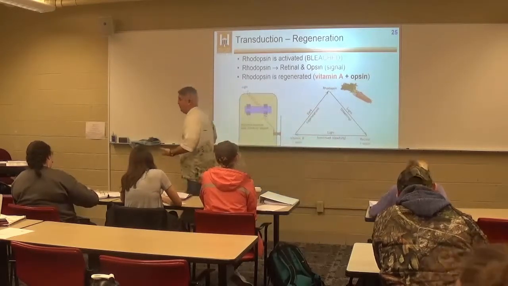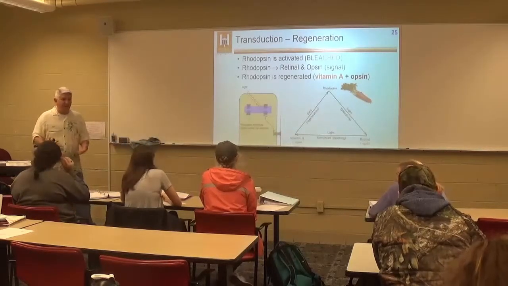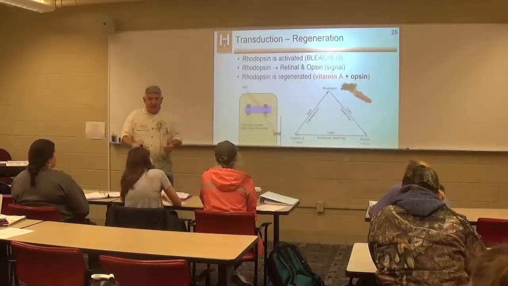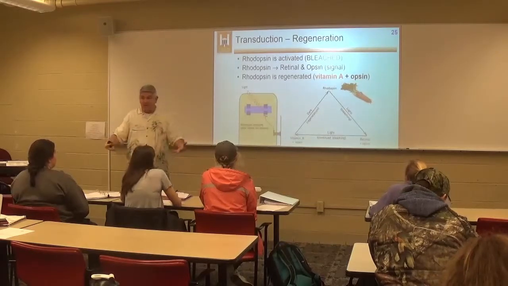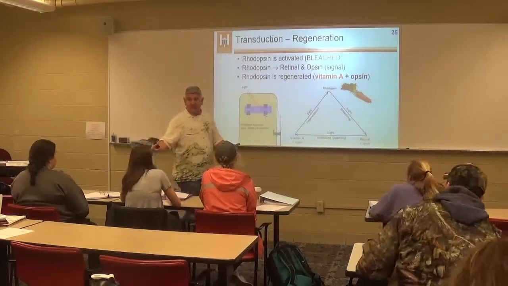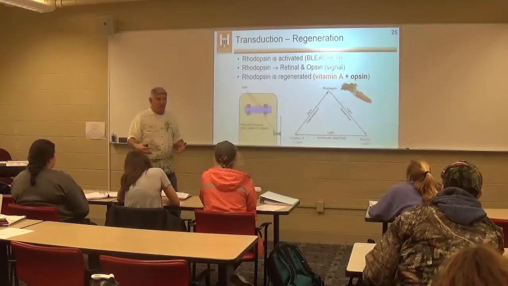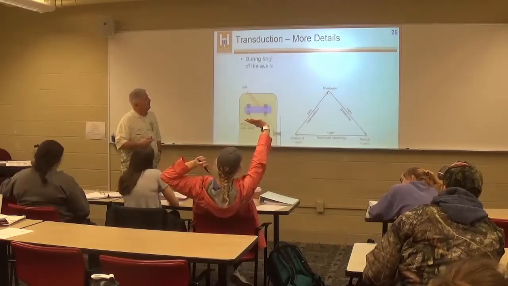And this is where the myth of eating carrots giving you better eyesight comes from, because carrots have a lot of vitamin A, right? If you eat a lot of carrots, it's not going to give you super eyesight. If you have a diet deficient of vitamin A, yes, it could cause you to go blind. It could cause you to have visual problems because you wouldn't have enough vitamin A available to make this stuff. But you can't have more. You can have adequate, but you can't have more.